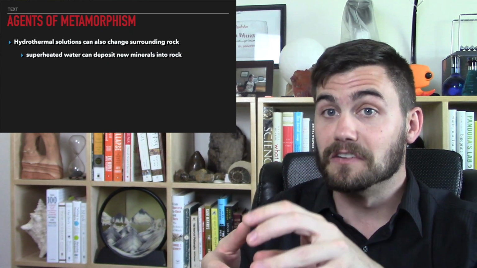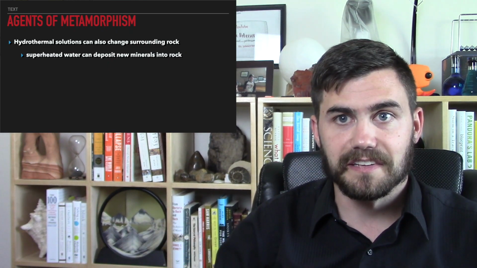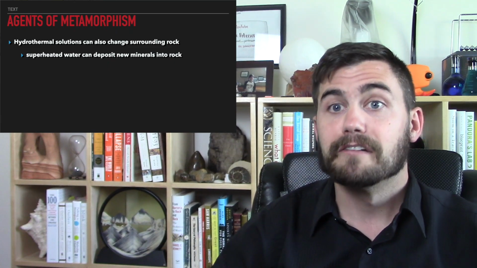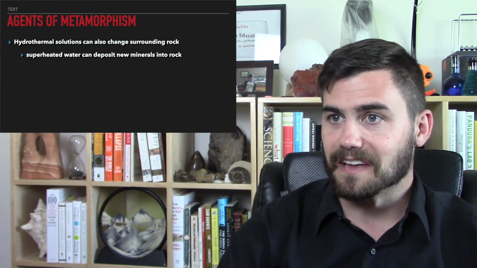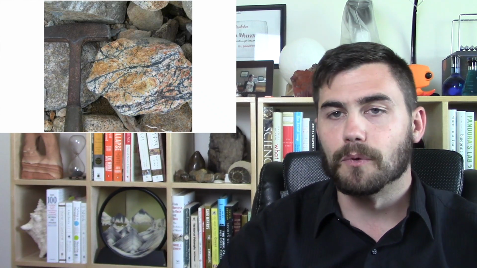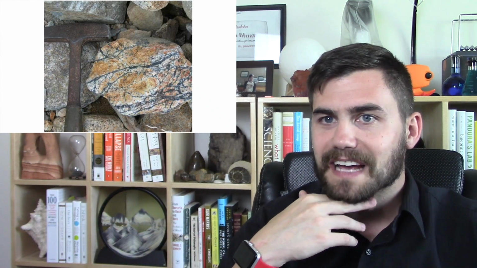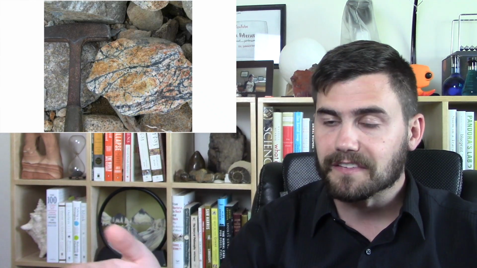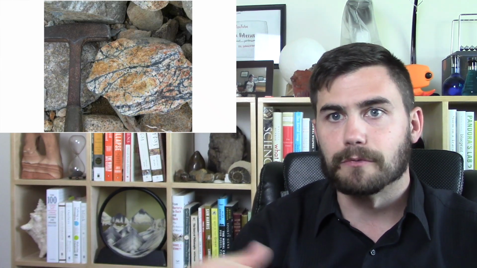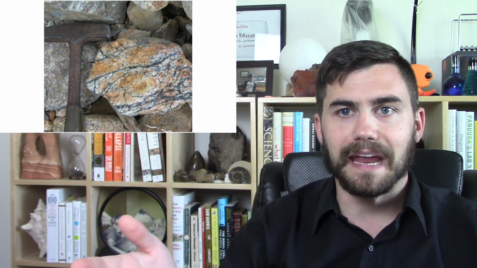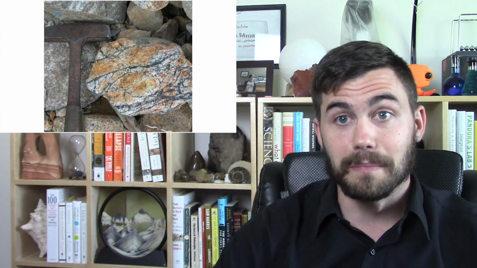It just deposits new minerals amongst them, adds it to the rock, forming ores in most cases. Here we can see, I don't know what kind of metal or metallic minerals have been added to this, but you would imagine there's some crack in the rock and superheated water carrying the metals works its way into there, cools, hardens, and cements them in place. It's now been metamorphosized.